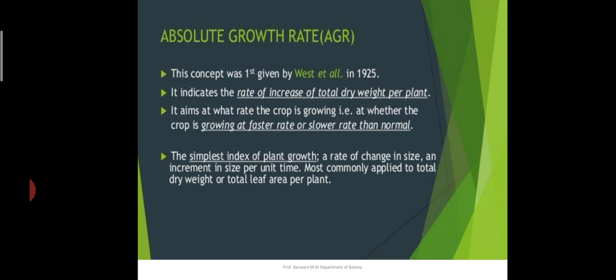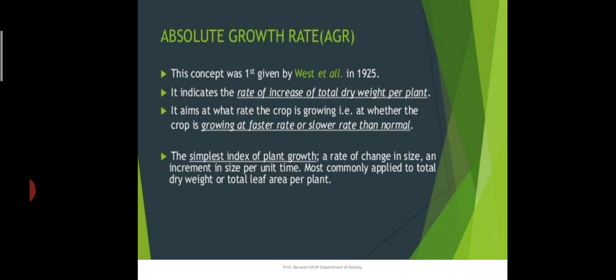The concept of the growth curve was first given by West et al. in 1925. It is the increase in the rate of total dry weight per plant. It aims to show whether the crop is growing faster or slower than normal.